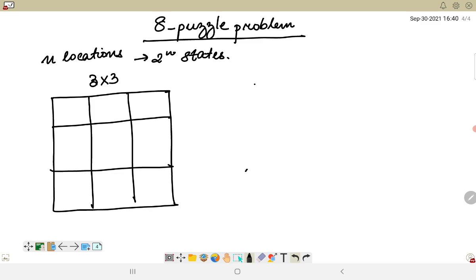In these 8 blocks we have different numbers associated, and there will be a blank tile. Let us consider this scenario: 7 2 4 6 1 3 8 5, and there is a blank tile in between.